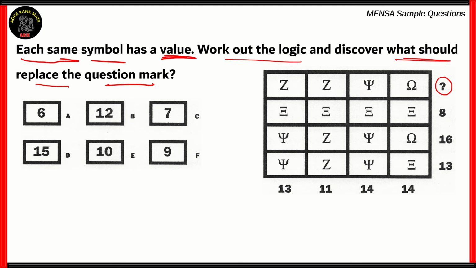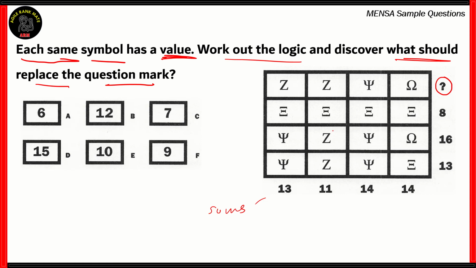The idea is to find out the value of the question mark. Now, if you see numbers along both rows and columns, you know that those are usually sums. So they are sums of all the values in the column or row. So for example, we've got Z plus Z plus omega plus Z plus Z plus trident plus omega, giving you the question mark.